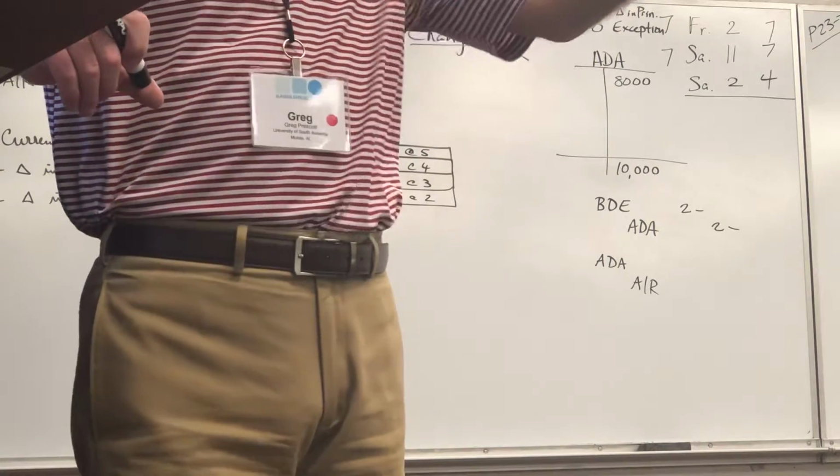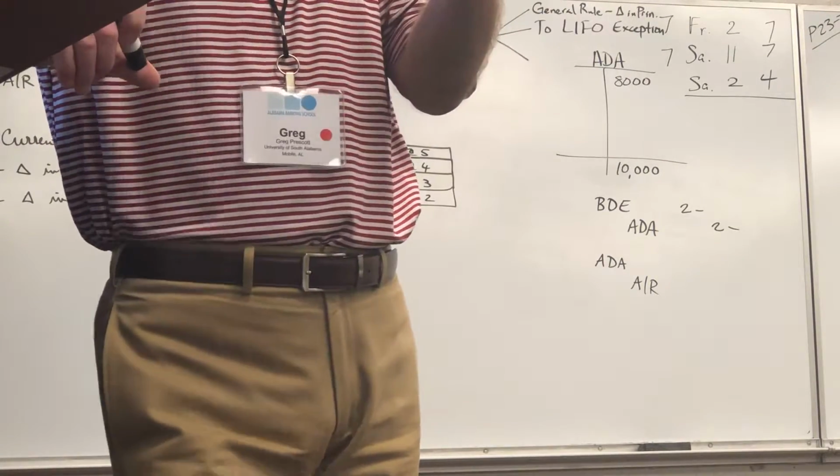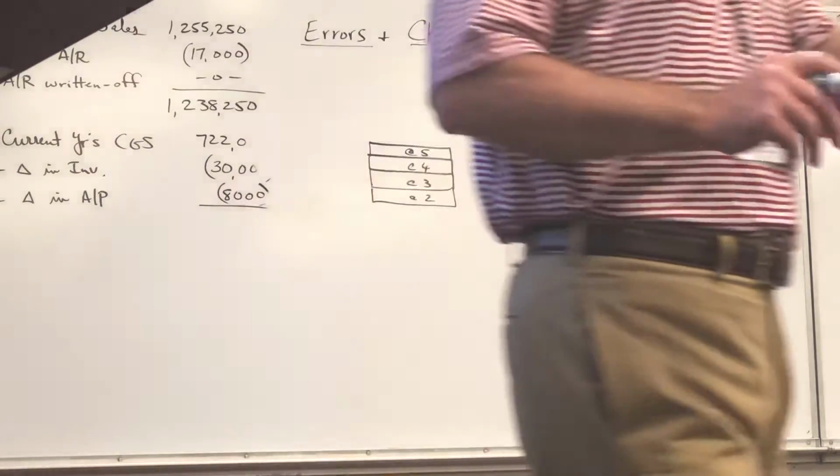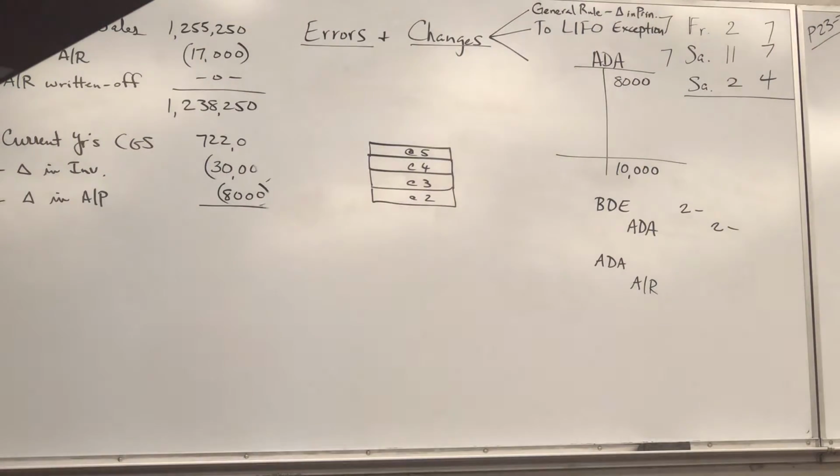I can't go back and change anything. Instead, I'm going to be on LIFO on January 1 of 18. I'm going to use that beginning balance of inventory for my LIFO starting point. And I'm not going to go back and restate anything in the past because I can't.